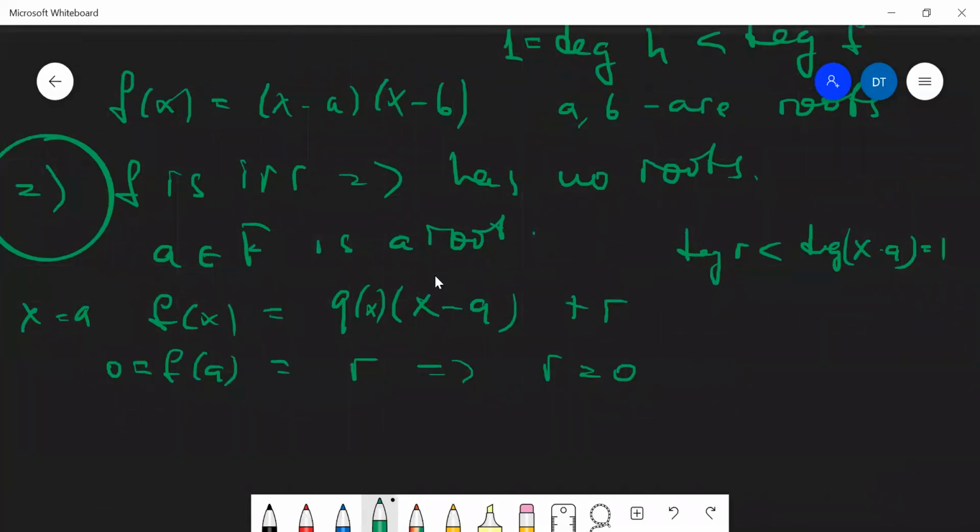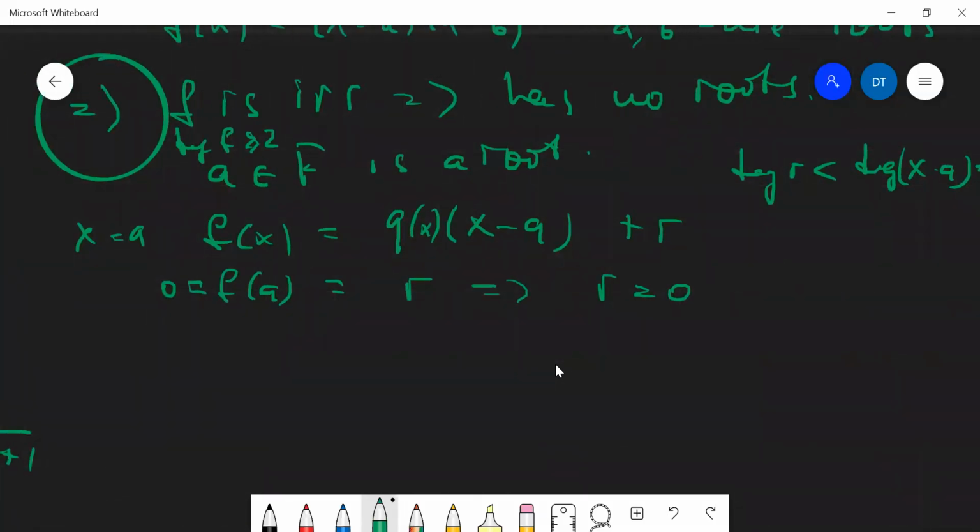And you see this means that f is reducible. It is presented as a product of two polynomials of degree strictly smaller than f. And here we assume that the degree of f is at least 2. So in this case, it works for any degree strictly larger than 1, because all polynomials of degree 1 are reducible.